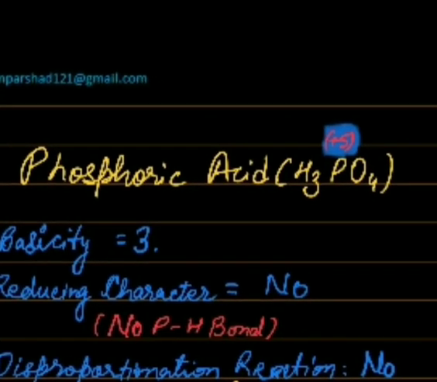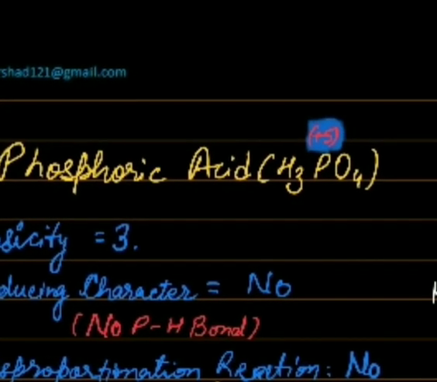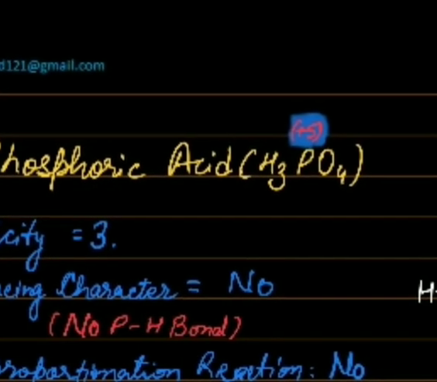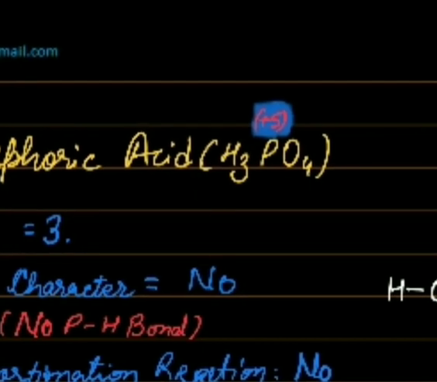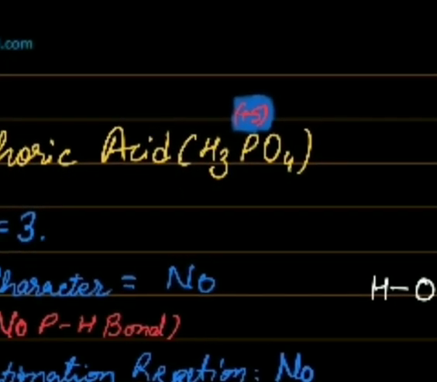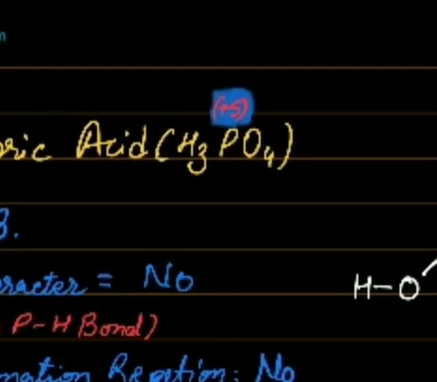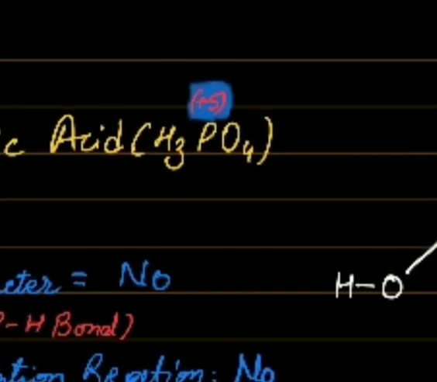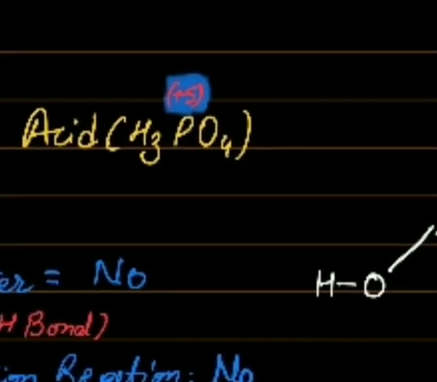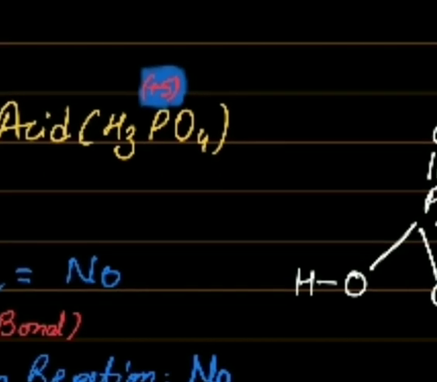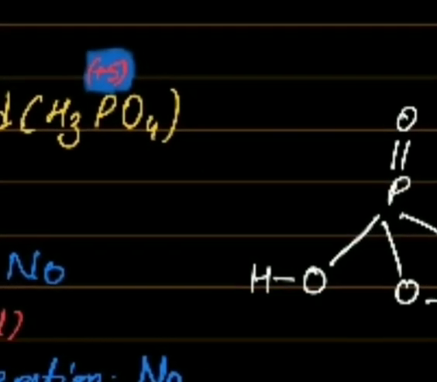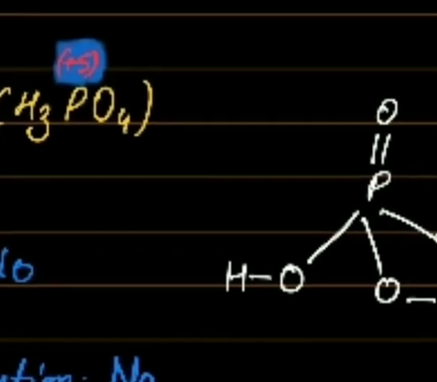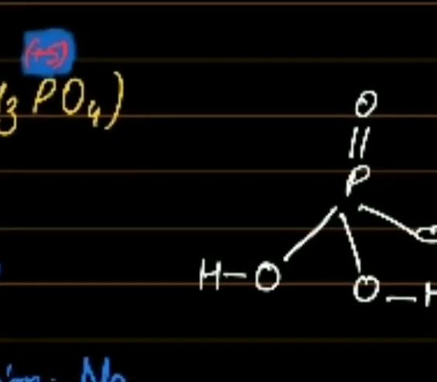So after this, the next oxoacid of phosphorus is phosphoric acid. It has the formula H3PO4, in which the central atom phosphorus has +5 oxidation state. It is the highest oxidation state, as in the case of metaphosphoric acid we have recently discussed. Now, in order to make the structure of phosphoric acid, we will use the same trick.